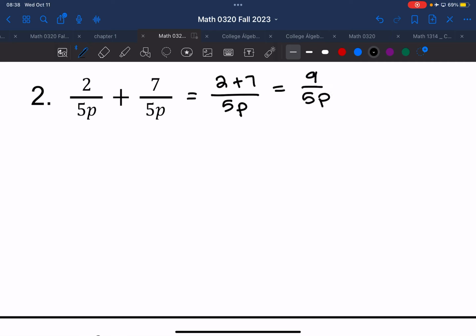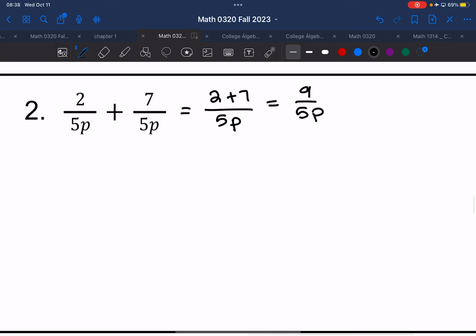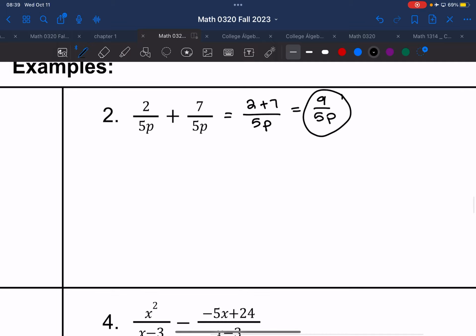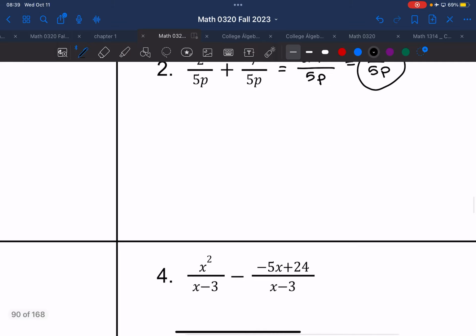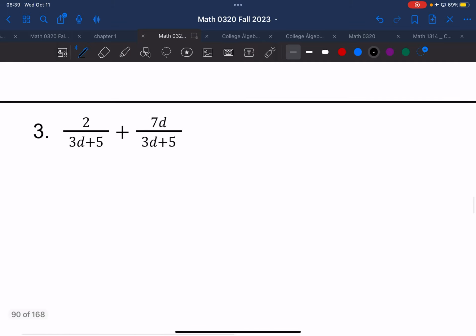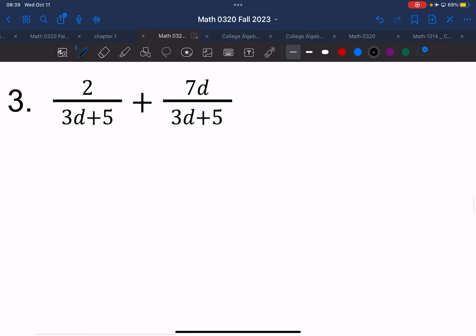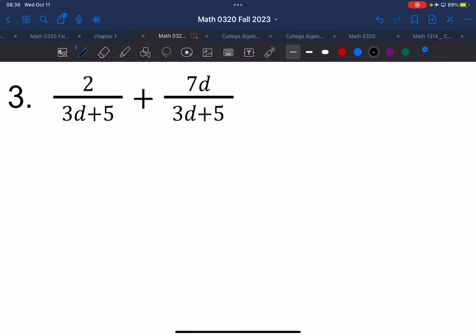Can we reduce that 9 and the 5? Nope, so this is our answer, 9 over 5p. Again, this first concept, exactly like regular fractions, if we have the same denominator, we are just adding the numerators.